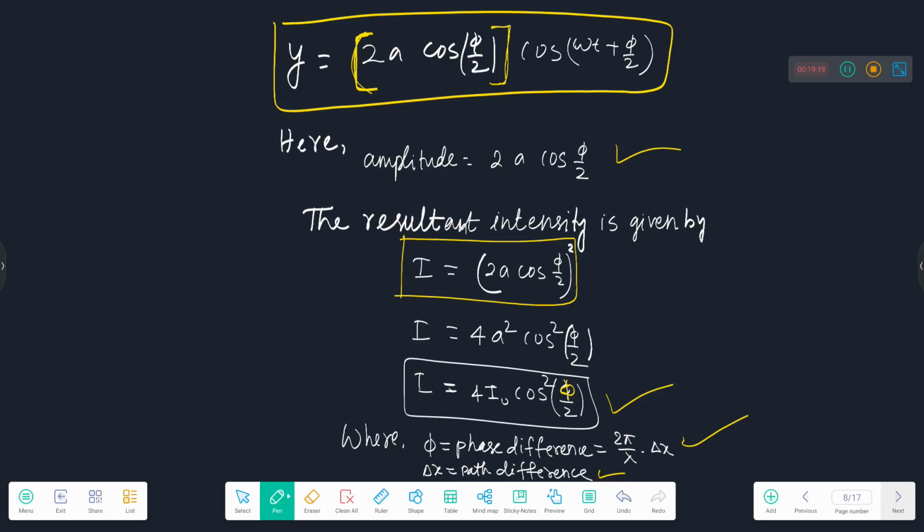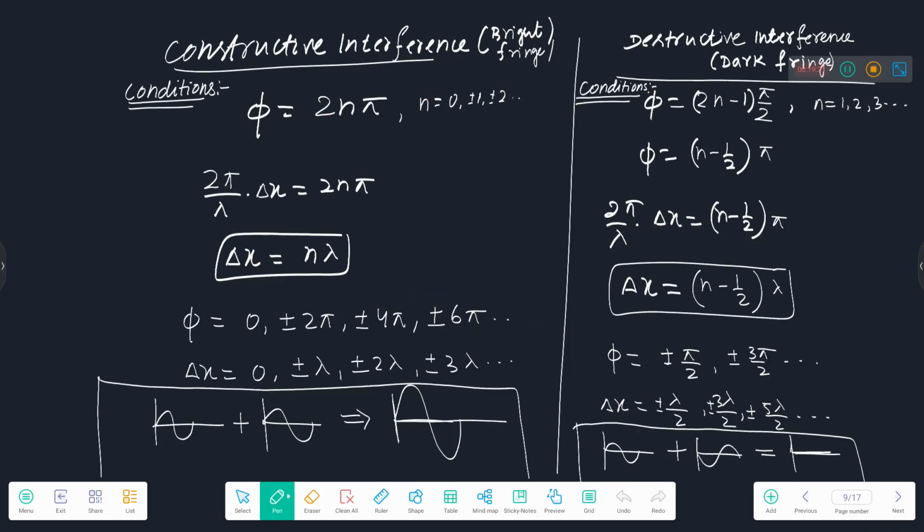Now next, listen: constructive interference. When the phase difference is 2n pi, where n runs over 0, plus or minus 1, plus or minus 2, then using the phi formula, the path difference comes as n lambda. The phase difference for constructive interference is 0, plus or minus 2 pi, all even multiples of pi, that is, even integers including 0.